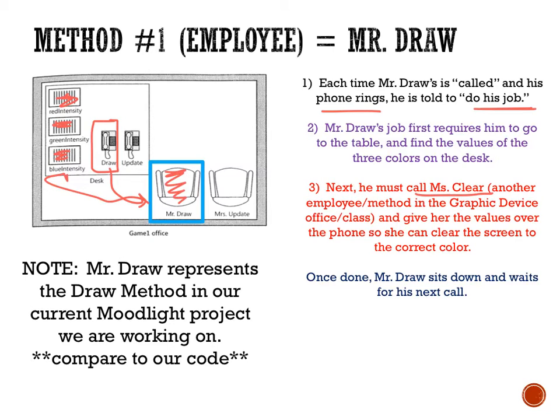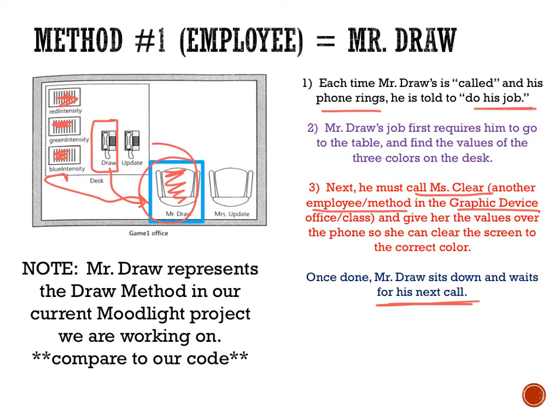But he talks to Miss Clear, who is an employee in the graphics device office. And essentially what he does is he gives her these 3 values over the phone. These are the parameters that she needs to clear the screen to the correct color. Then, once he's done with his job, he sits back down in his chair here, and he waits for that next call.